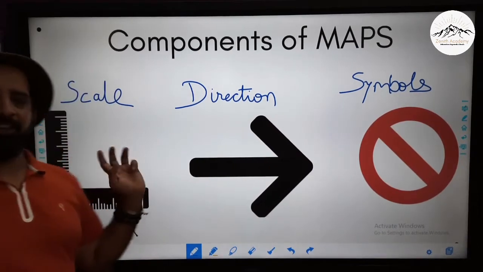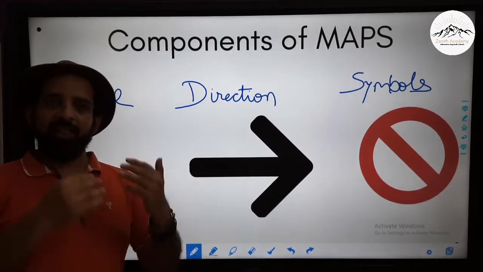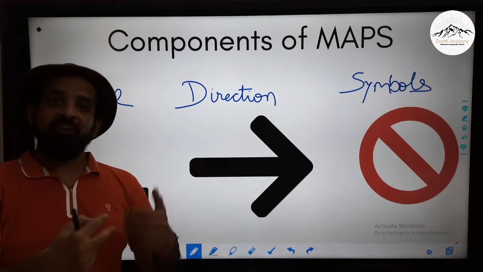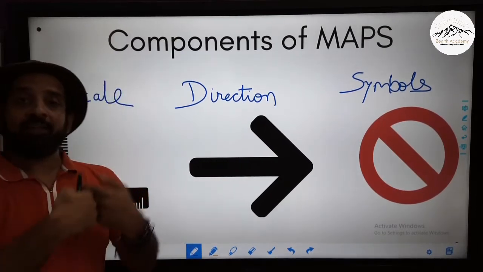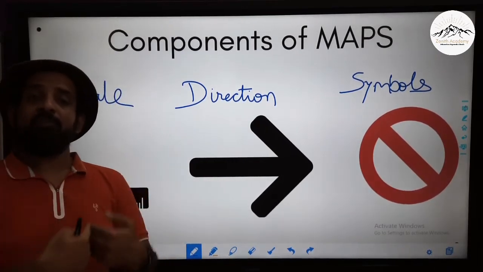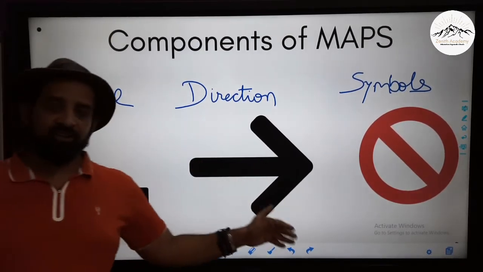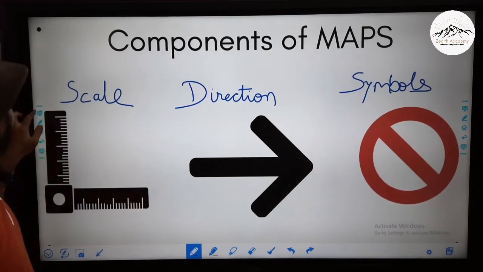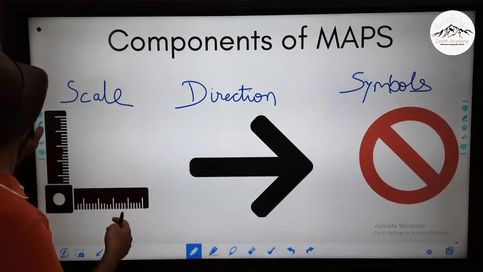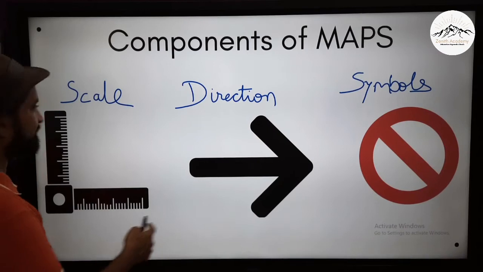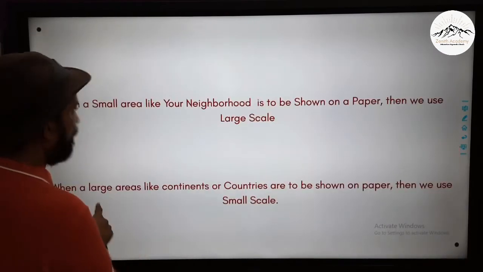So these are three major components of a map. It helps you read a map in a way it has to be read, so that you understand the map and how your map can be useful to you. So we're going to study about scale, directions and symbols. So let's move forward.